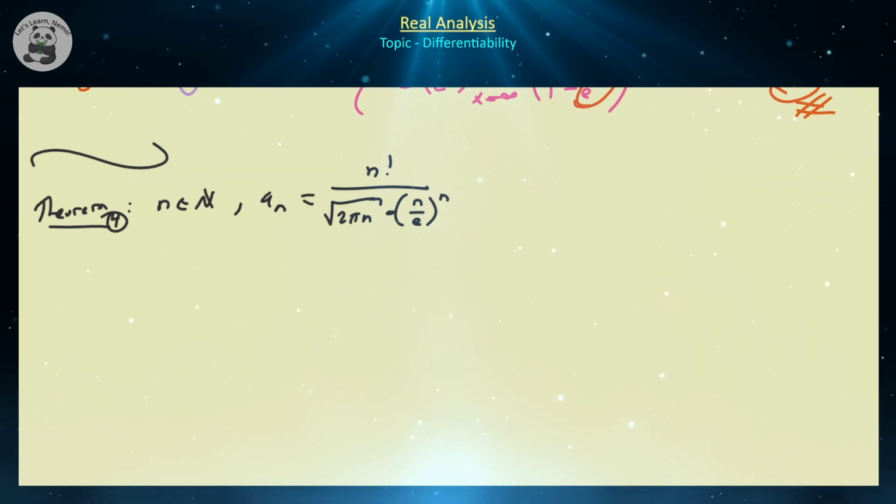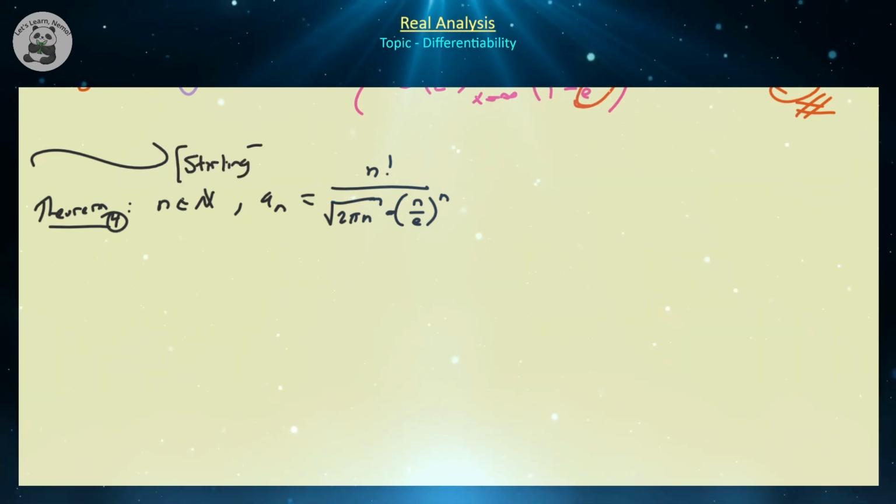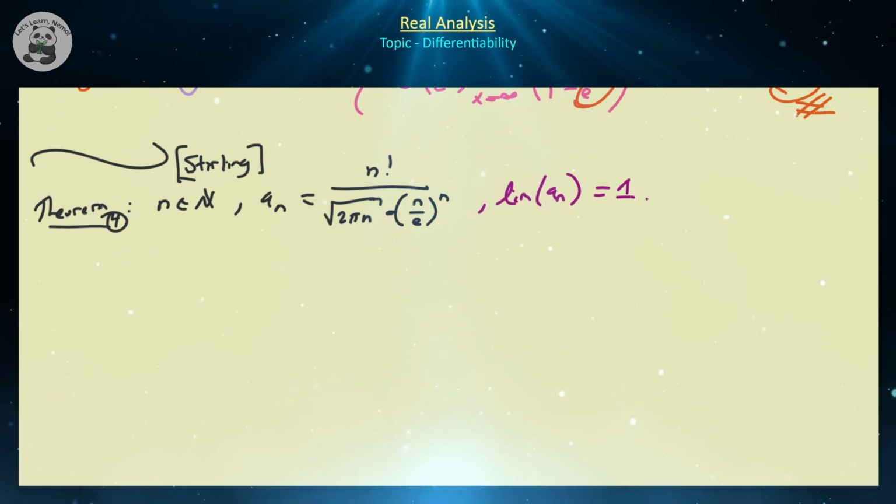Then this theorem, which is sometimes called Stirling's theorem, due to Stirling, says that the limit of this sequence, a_n, is equal to 1. And the proof of this can be done, I'm not going to say easily done because I don't think it's super trivial, but it's due to creating some bounds for some definite integrals.